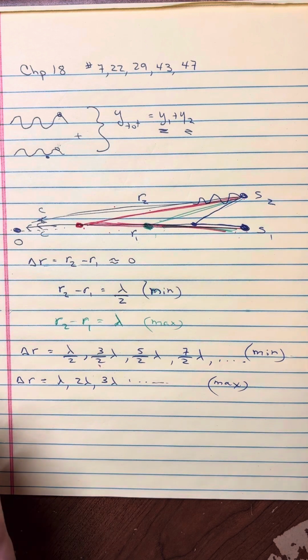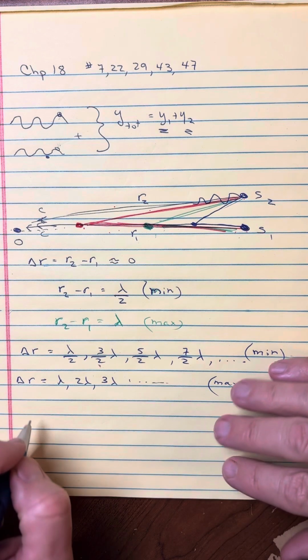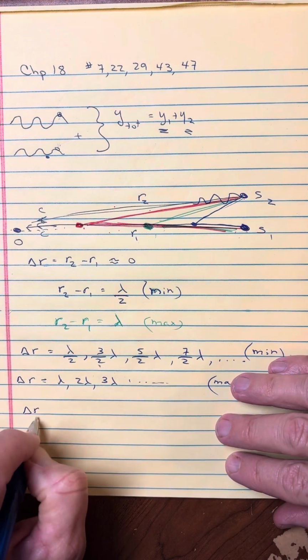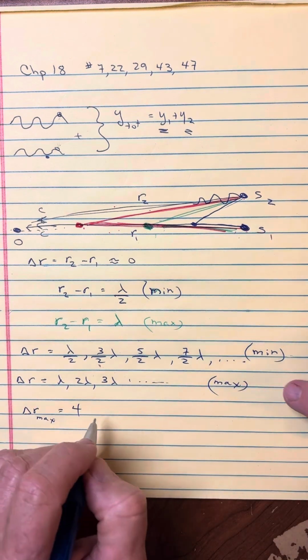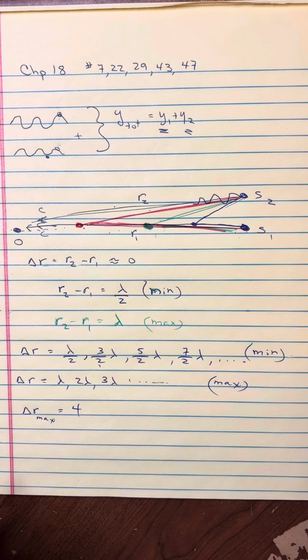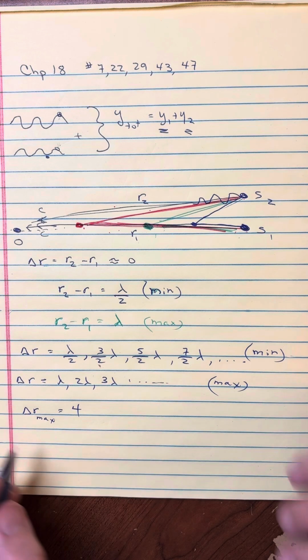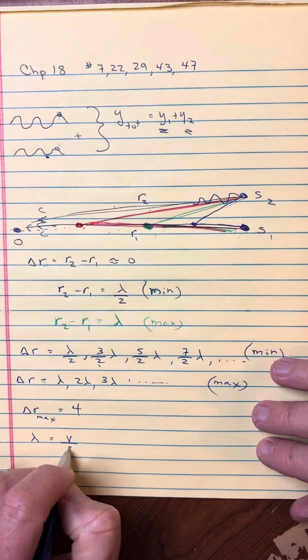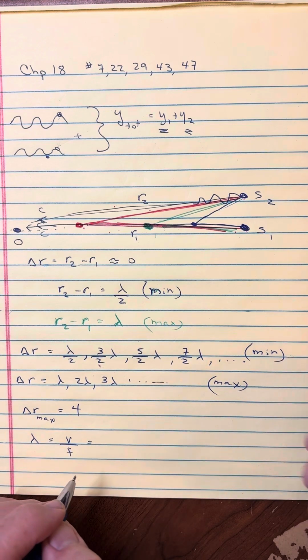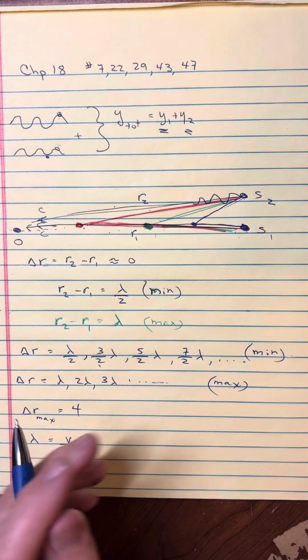Okay, so how many times? Well, why don't I do this? I can say that delta R maximum is going to be this 4 meters. Now, how many wavelengths is that? Well, maybe we better do a little calculation here for the wavelength. They told us to take the speed.